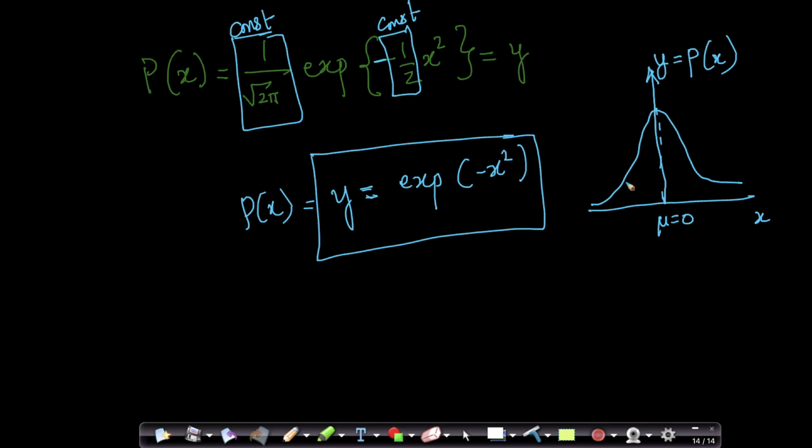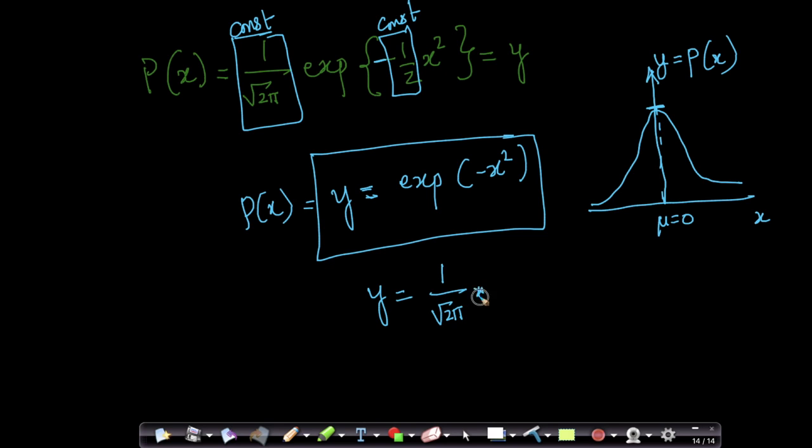Now what it's saying here is this: as x increases, this is extremely important. Let's assume my x is 0. At that point, I have a very high value here. If my x equals 0, what happens to y? It's e power 0. So if I put in the constants here, I get 1 by root 2 pi exp of 0.